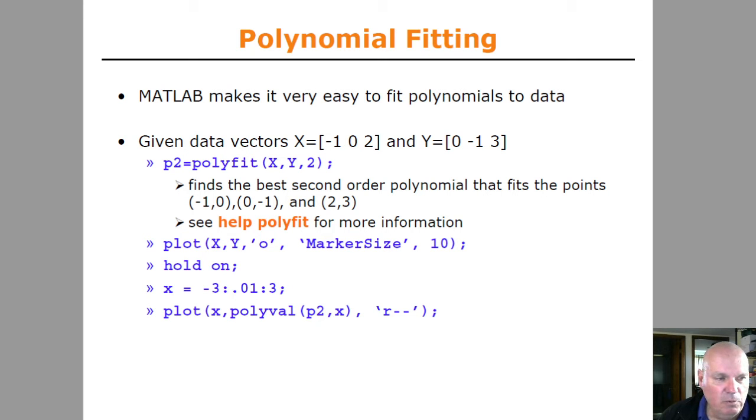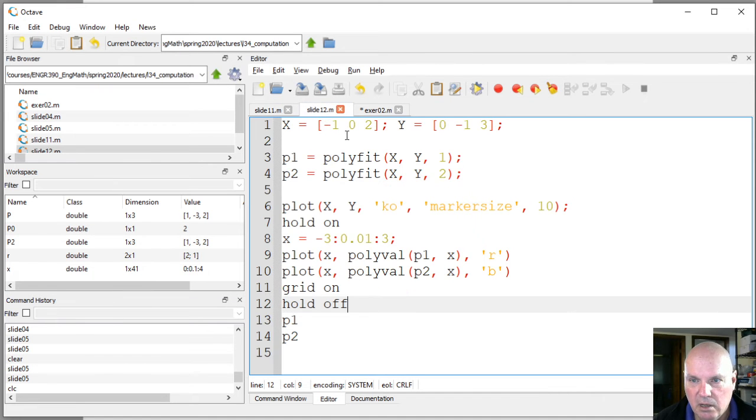The only other thing we're going to do though is looking at fitting polynomials to given data, and the polyfit command does that. So you could type this in. I put this slide into a script.